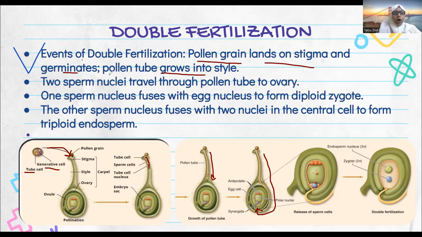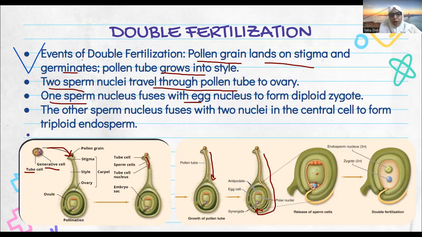Two sperm nuclei will travel through the pollen tube to the ovary. You can see the two nuclei, one and two over here. Out of them, one will fuse with the egg cell.